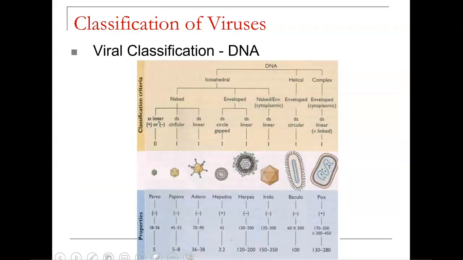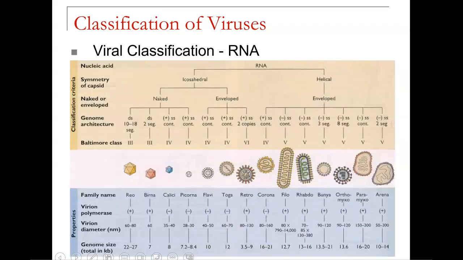So looking at some of these, you're going to have single-stranded positive sense RNA, single-stranded negative sense RNA, and single-stranded positive sense RNA with DNA intermediate life cycles. And then, of course, you could have the double-stranded DNA with RNA intermediate. So positive sense is going to be equivalent to mRNA.